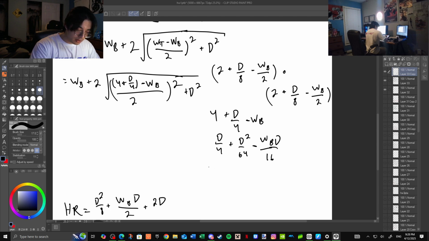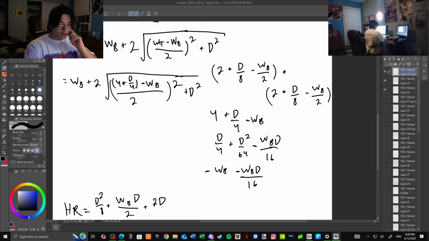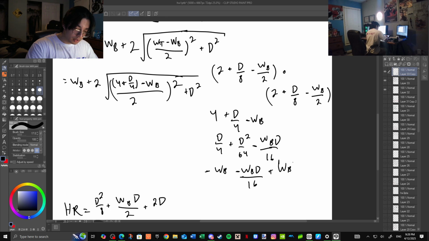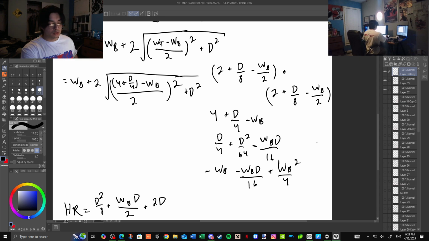The third part, negative WB, negative WB minus WBD over 16, and then plus WB squared over 4. I just want to make sure I get this right.